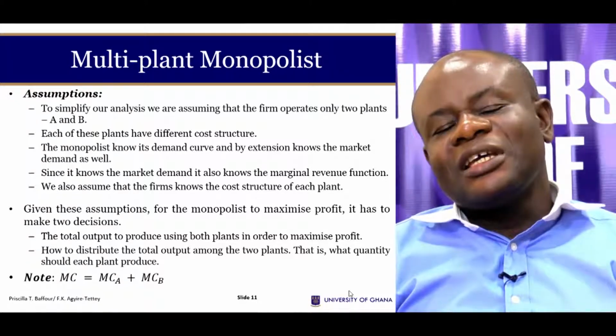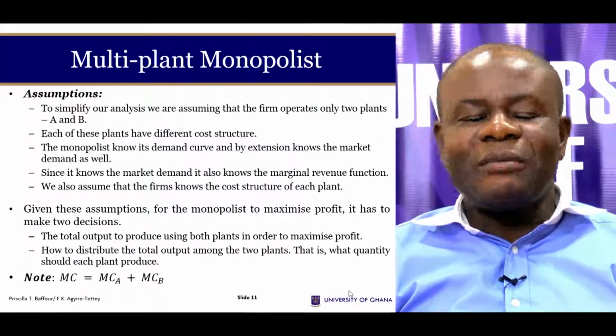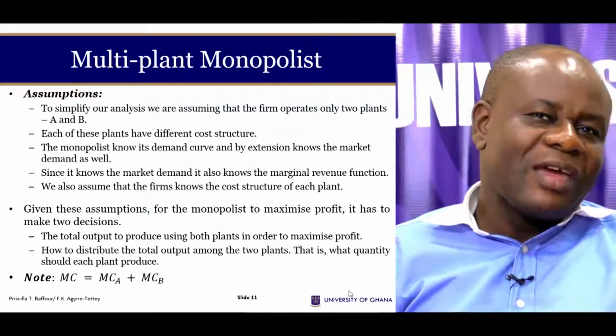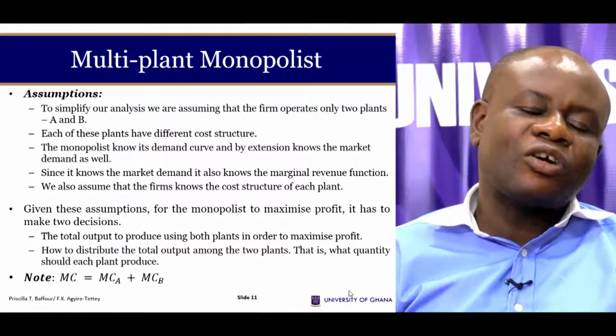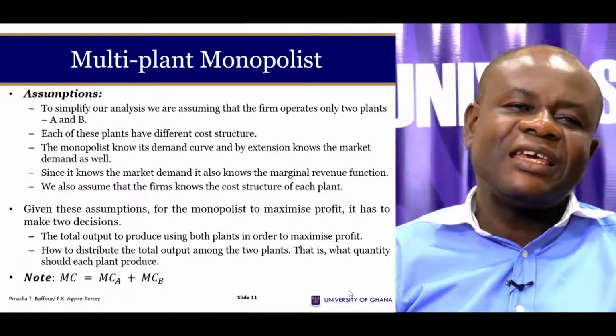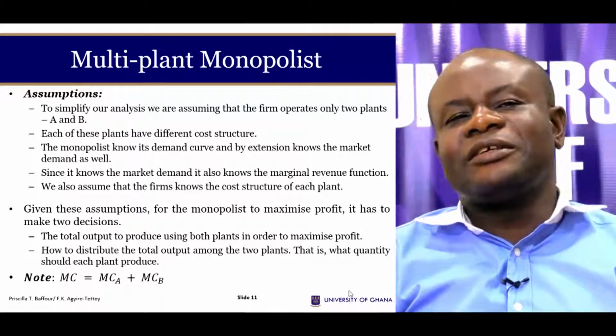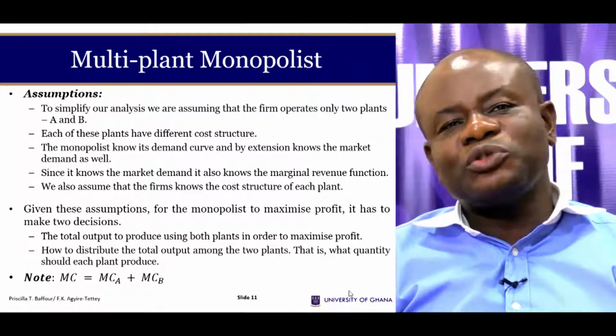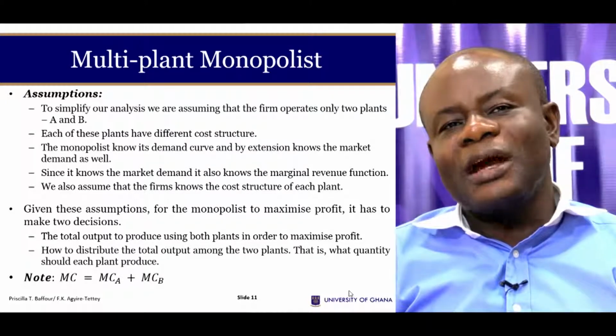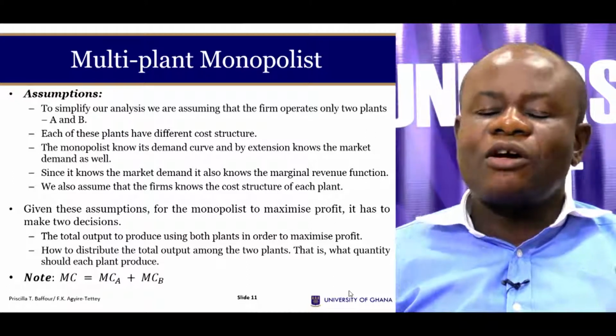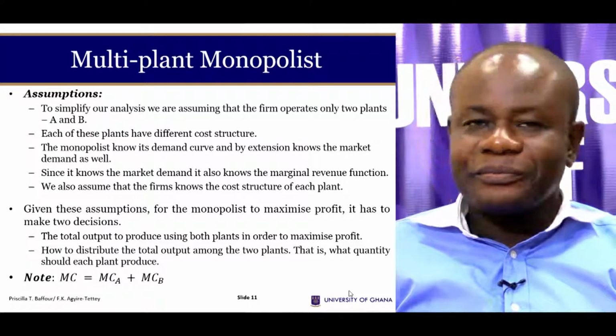But let's note that the total marginal cost for the firm is equal to the marginal cost incurred in using plant A plus the marginal cost in using plant B. So the summation of the marginal cost from the two plants will give you the total marginal cost of the firm.